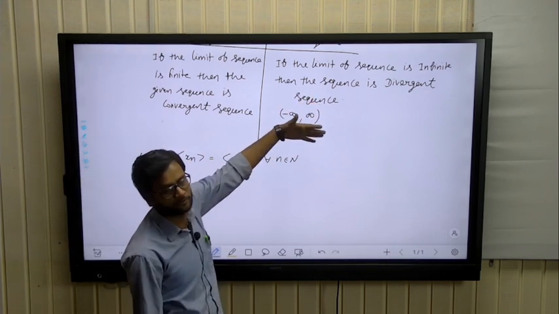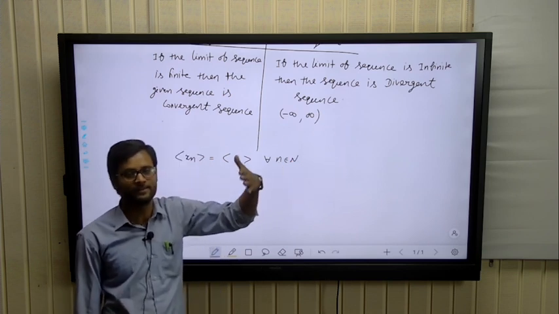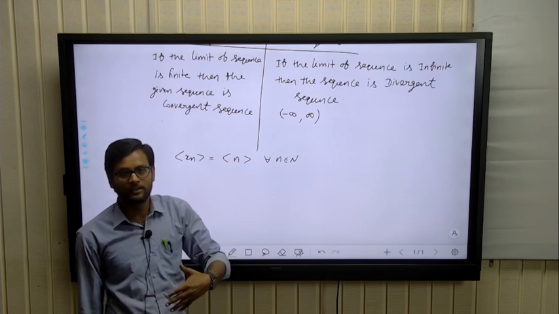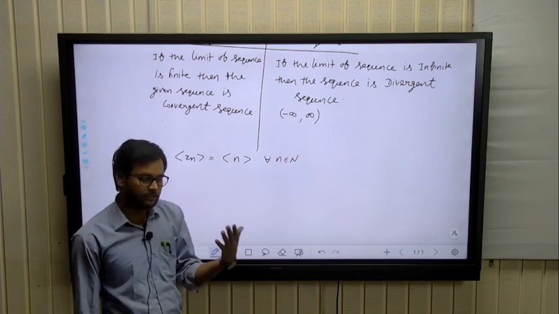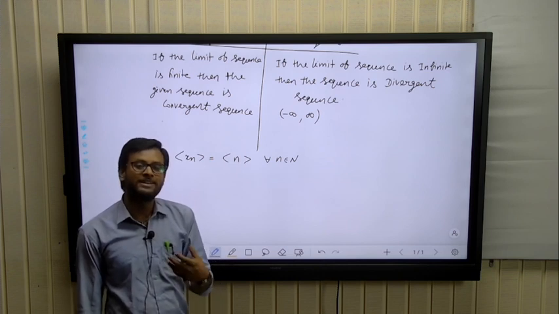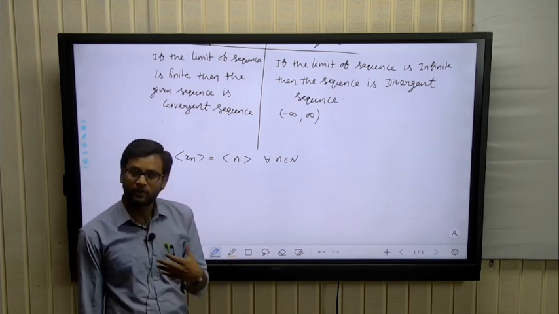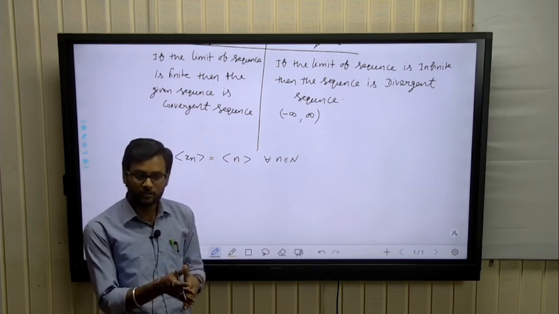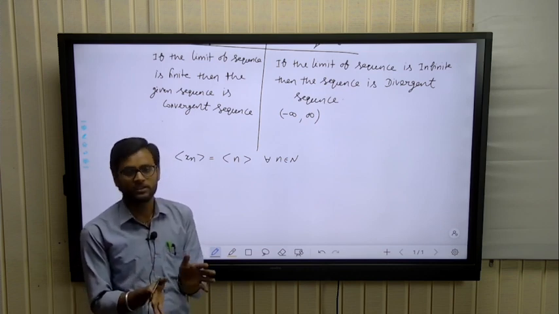The first step says to find the limit of the sequence. The second step says to check whether the limit is finite or infinite. The third step says that if the limit is finite, then the sequence is convergent. If the limit is infinite, then the sequence is divergent.